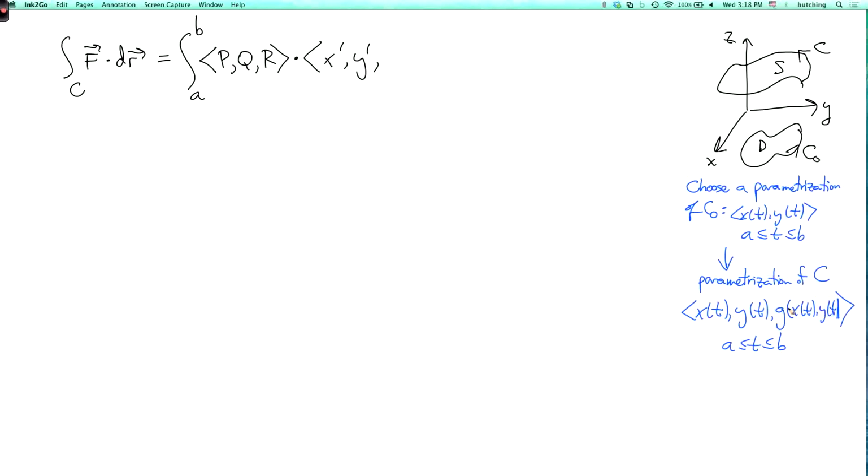And what's d by dt of it? Well, by the chain rule, this is gx times x prime plus gy times y prime dt. So this is z prime, where z of t equals g of x of t, y of t.